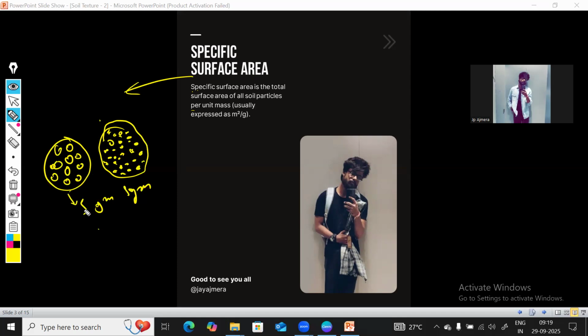In that 5 gram there are the particles of sand that have a surface area like this, that will be counted like this. That is the surface area of this 5 gram soil.